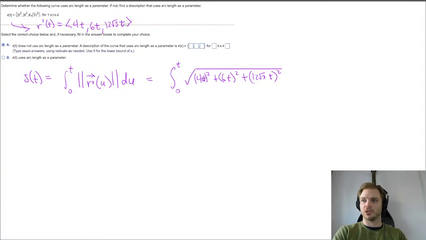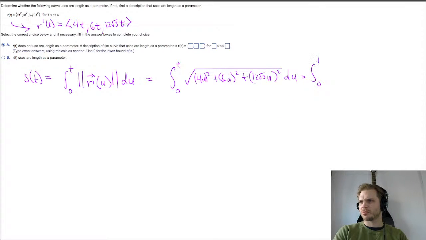This should all be u, just to keep the notation consistent. Sorry, I'm doing a bad job. U. Okay, all right, there we go.